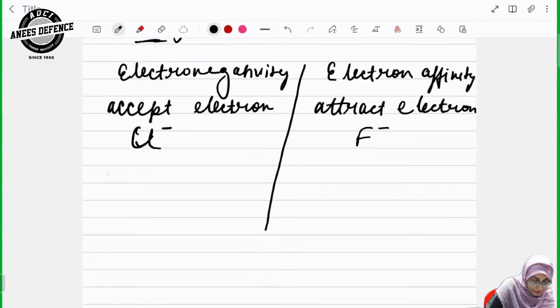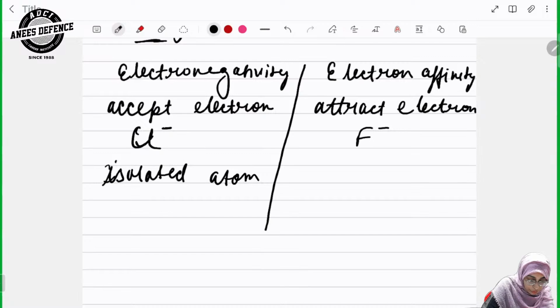Next, which is seen in an isolated atom, and which is in the covalent bond?